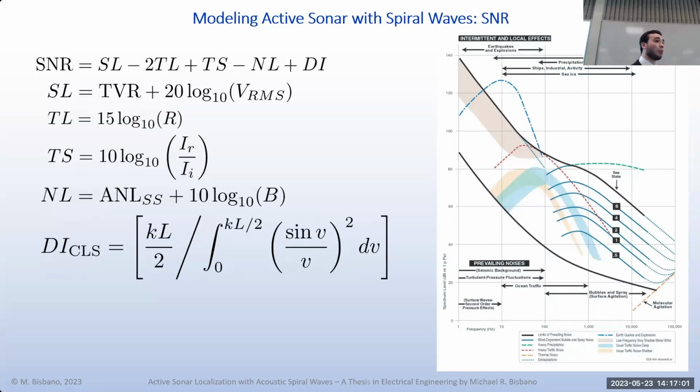But that scales with your target, its geometry, the actual aspect it's oriented at. So that's a really complicated problem in itself. But for me, I'm just using a spherical source estimate, a point source reflector. Noise level, I'm assuming we're ambient noise limited, not electronic noise limited, not reverberation limited.